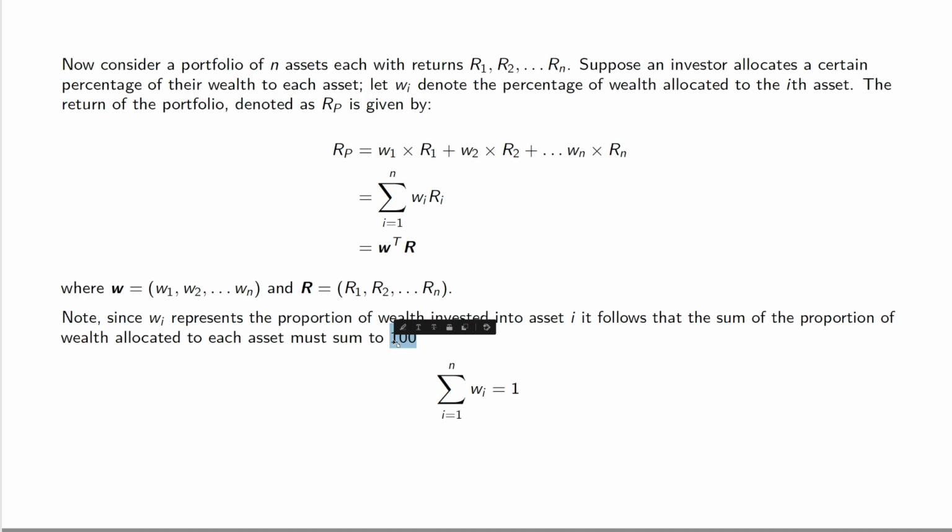Although, and I must point this out, I explain this on the next page in a little more detail, suppose we did invest 80% in stock 1 and 40% in stock 2, which would give us 120% overall.